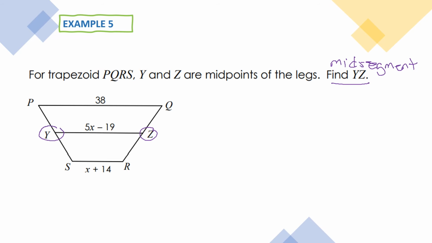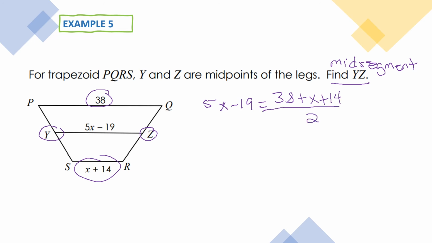So that's what we're going to do. Our mid-segment is 5x minus 19. That is equal to our bases here, 38 and x plus 14. So that would be 38 plus x plus 14, divided by 2. So the mid-segment is always equal to your bases divided by 2. Solving, I'm going to simplify it, again just using your algebra skills.